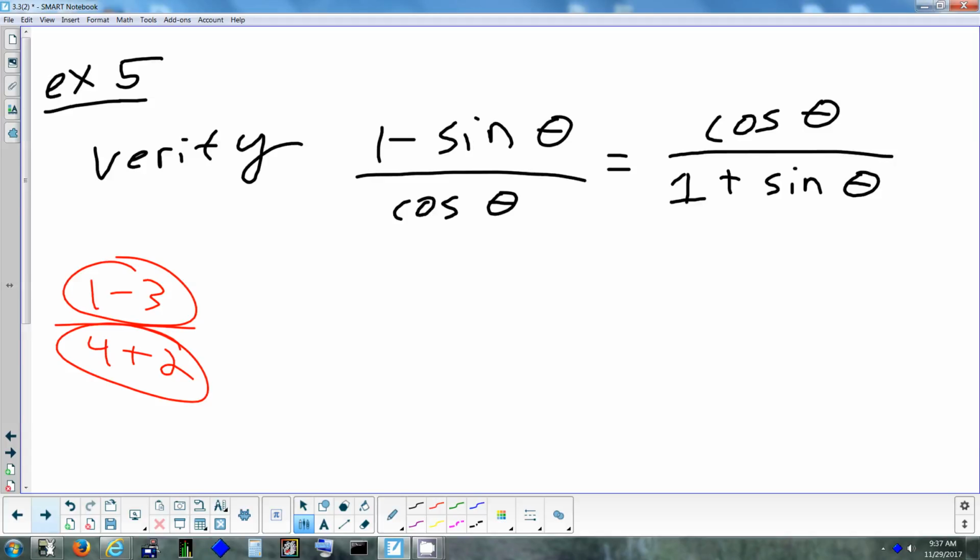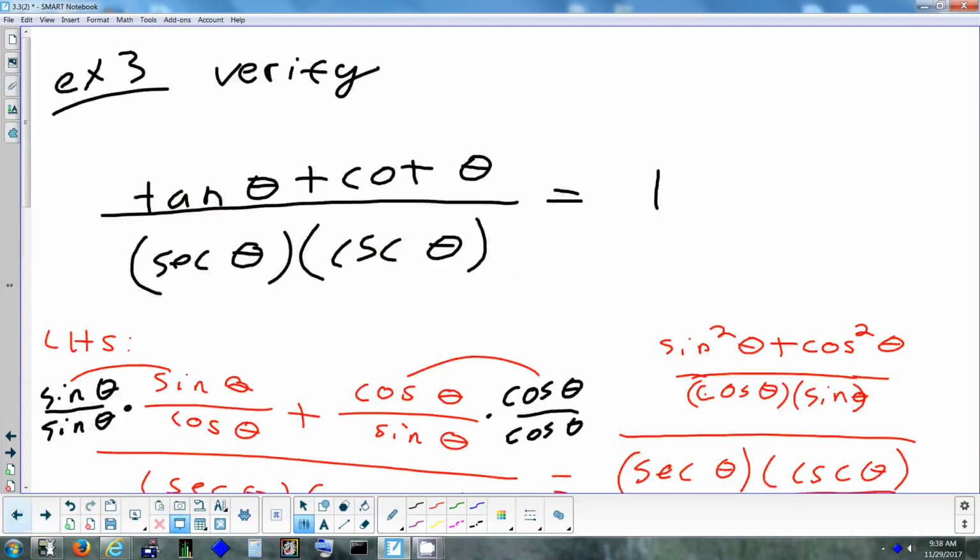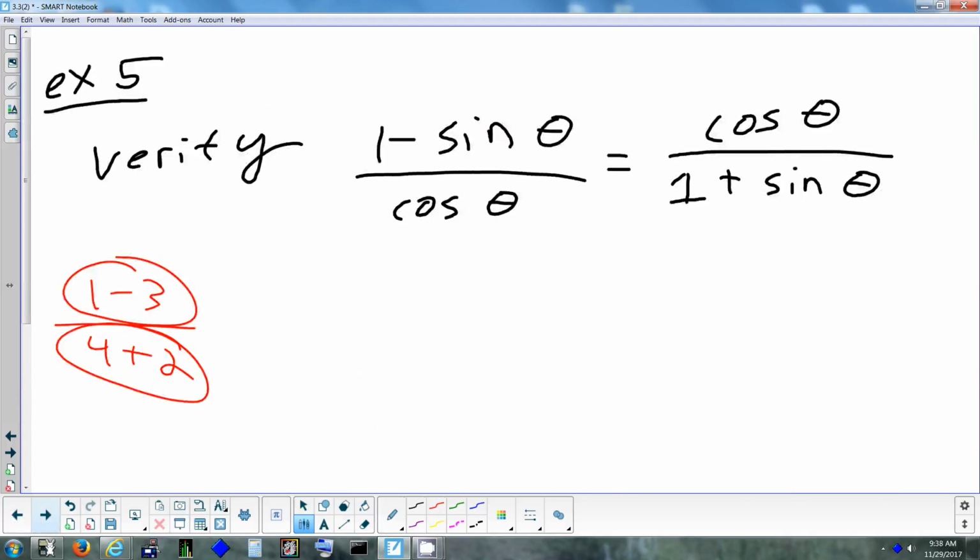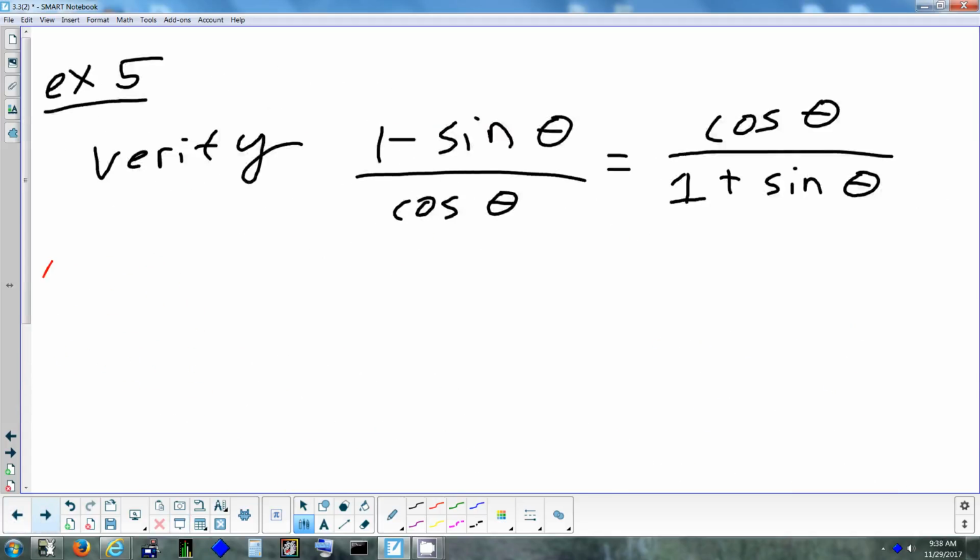Different people think about it differently, but I think both sides are pretty much the same complexity. Definitely not a problem like this, where it's very clear the left side is more complicated than the right. I don't think it's as clear in this one. So because of that, you can start with whatever side you want. It doesn't matter. So Cameron, what side do you want to start with? The left. Okay, I'm going to start with the left. And we're going to try to turn the left-hand side into the right.